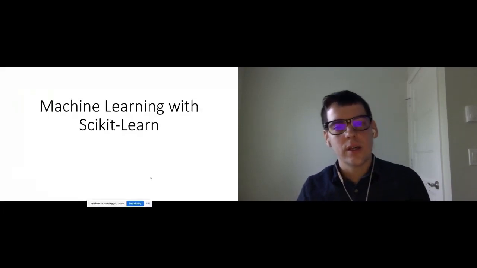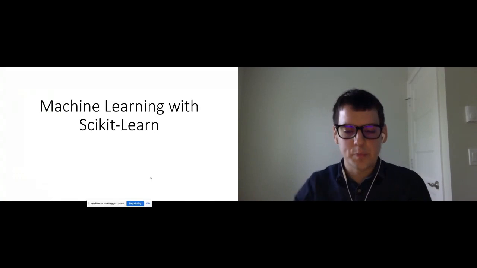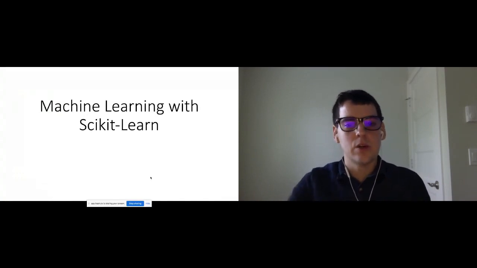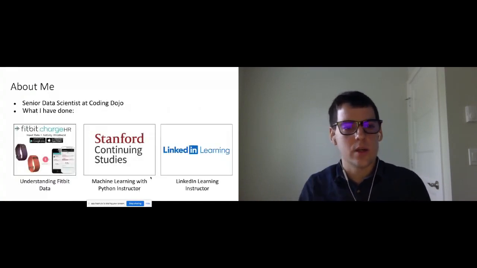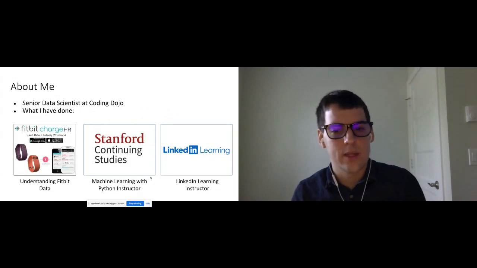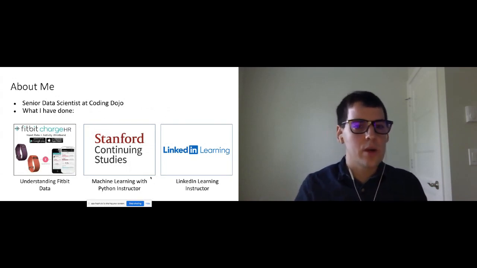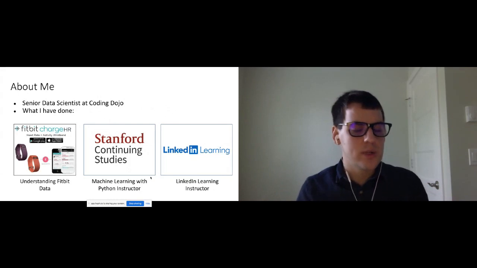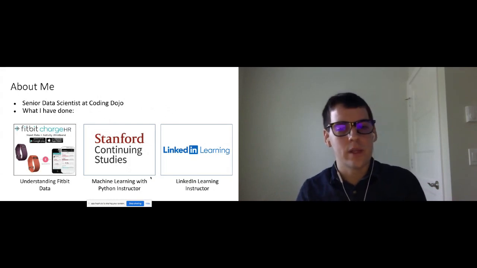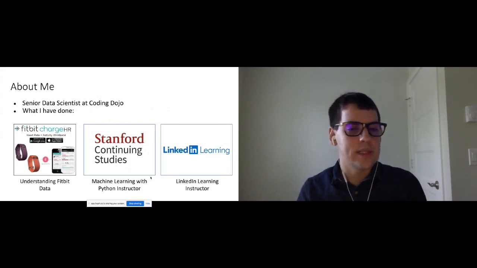So the title of this talk is Machine Learning with Scikit-Learn. So about me, before we start this talk, I just want to get you an idea of who I am, what I've done, so you can understand where I'm coming from when I talk about the advantages and disadvantages of the Scikit-Learn library. So before I started teaching a lot, I worked somewhere called Scripps Research Translational Institute, and a lot of what I dealt with was data science applied to wearable devices.